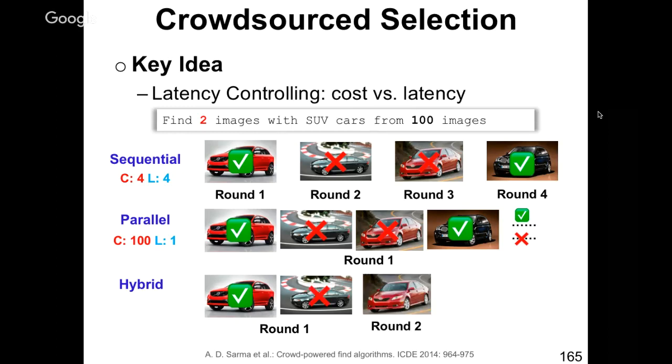Then we put 1 image in the second round, fail. In the third round, we found both SUV cars. The cost could be 4, and the number of rounds is 3. And obviously, the third solution could be better.